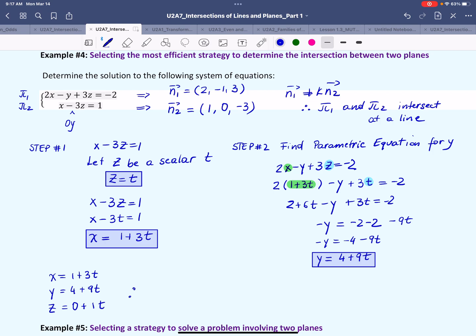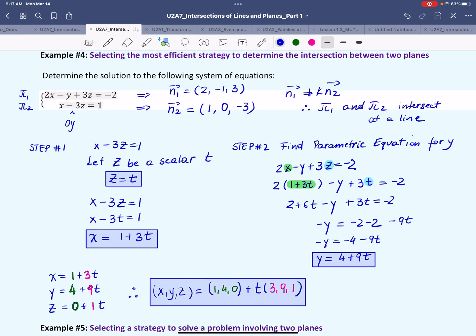So therefore, the equation of the line of intersection is x, y, z equals, so we're going to start off with a starting point, which is all these constants together, 1, 4, 0, plus some scalar t, and then the coordinates of the direction vector, which are determined by the coefficient of the scalar, in our case 3, 9, and 1. And voila, this would be the vector form of the equation of the line of intersection.